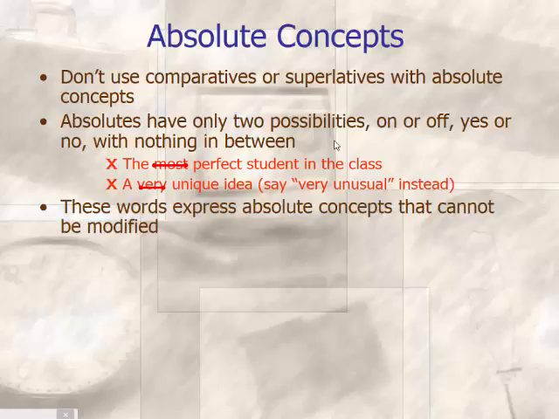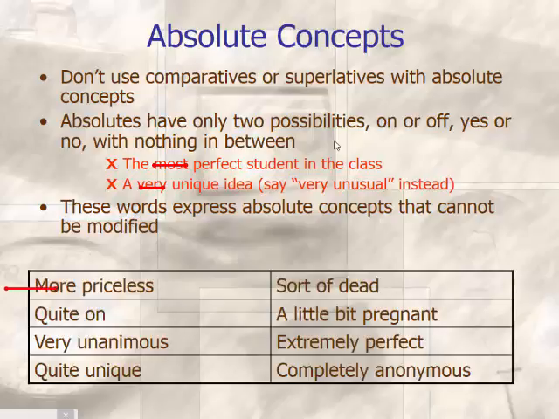This word expresses an absolute concept that cannot be modified. And the other word, like more priceless: you must delete the word more, and you can see the other example.